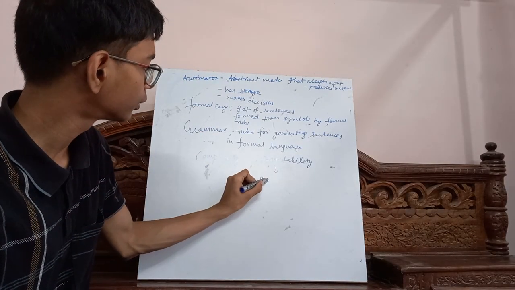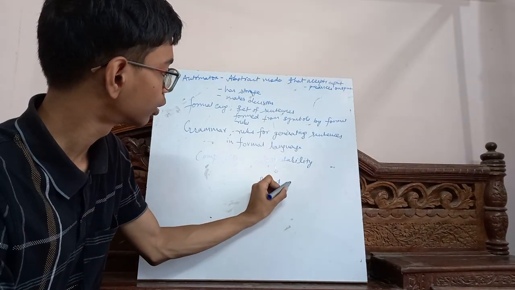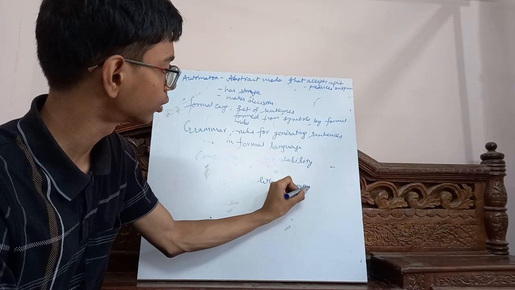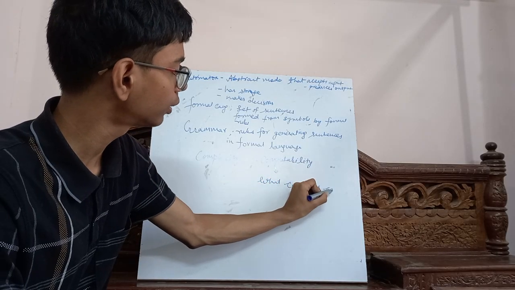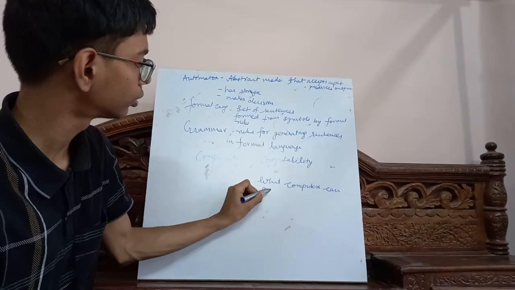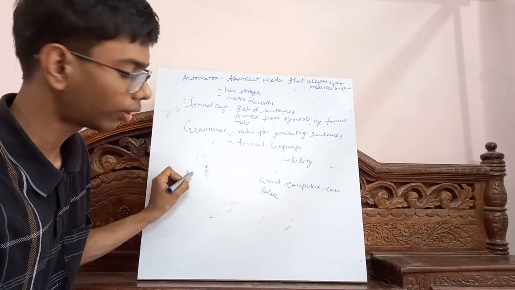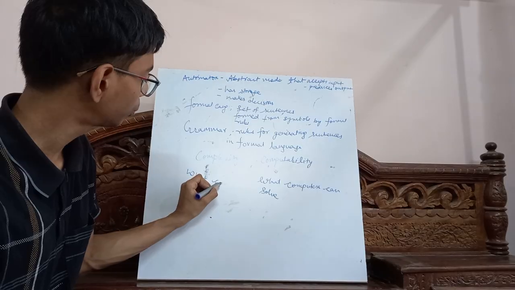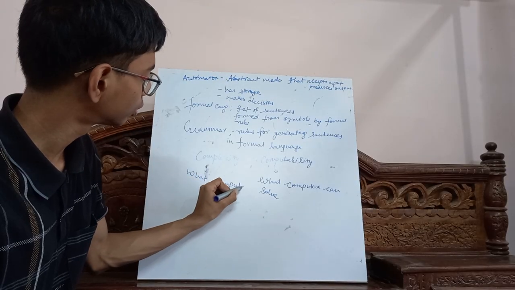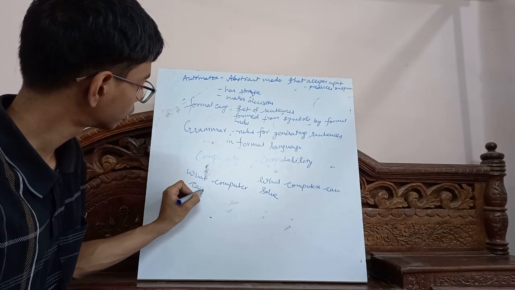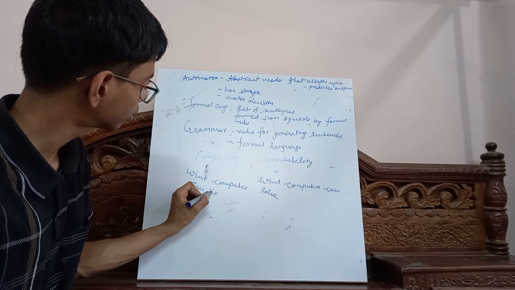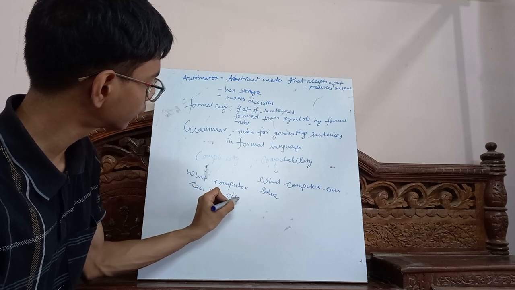Computability is what computers can solve, and complexity is what a computer can solve efficiently.